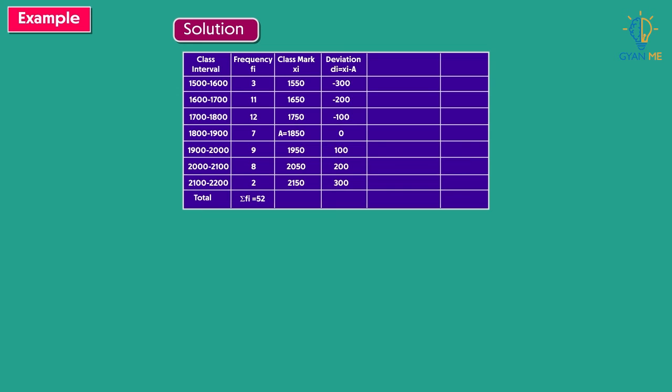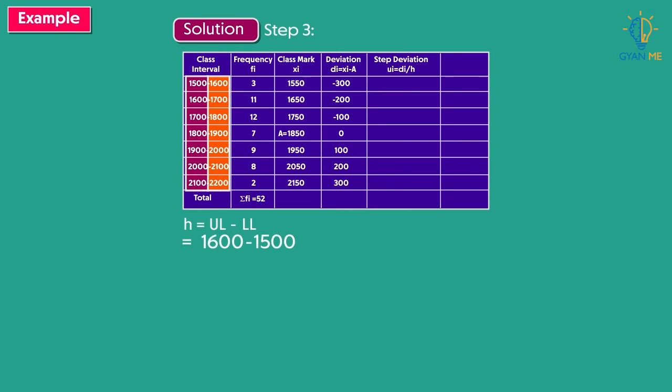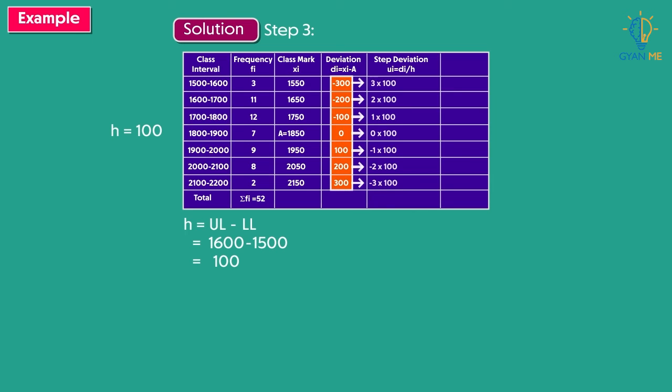Now students, the next step is to calculate the step deviation ui. As you can observe, all di's are multiples of the class height or class size. Recall that the class size or class height is upper limit minus lower limit, which here is 100. So all di's are nothing but multiples of 100.